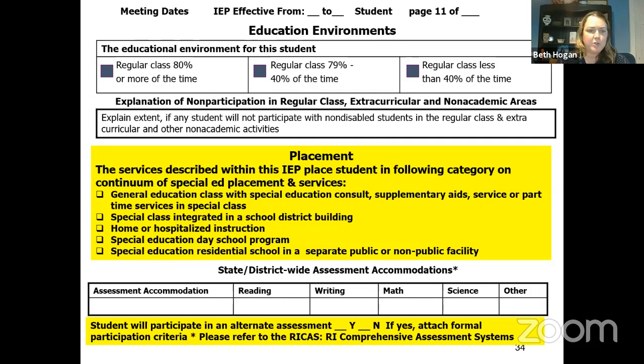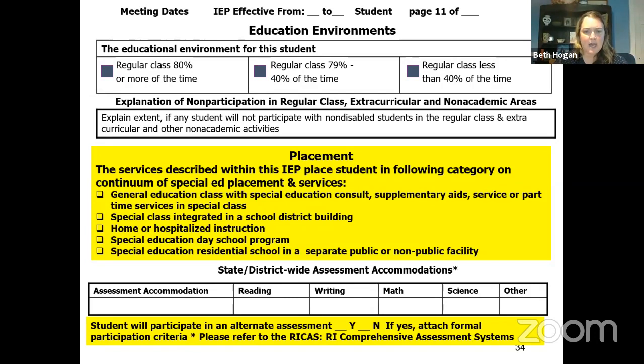I do just want to highlight the home or hospitalized instruction. This would be if a medical condition won't allow a student to enter a building. That's generally what that means. It's very different than homeschooling, which we see being confused a lot.